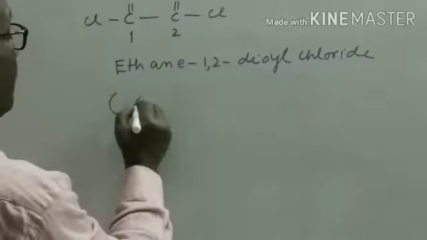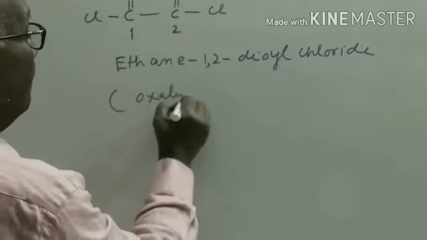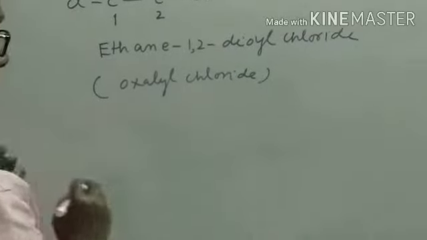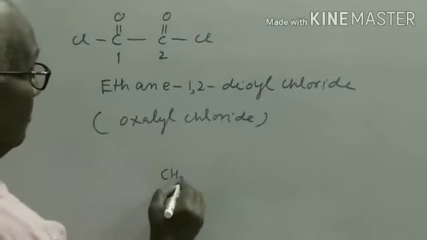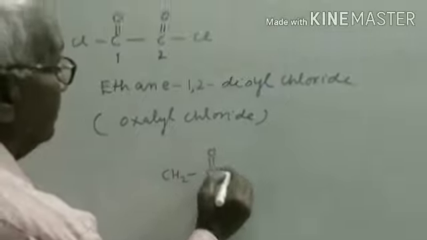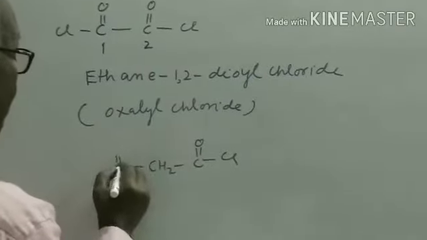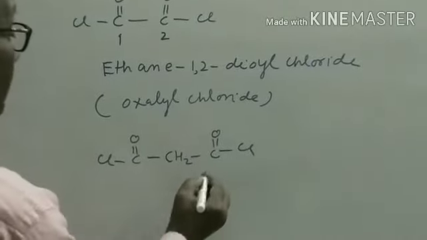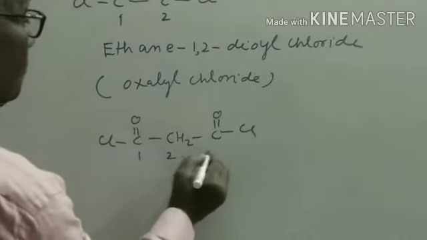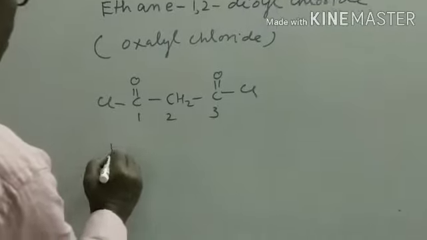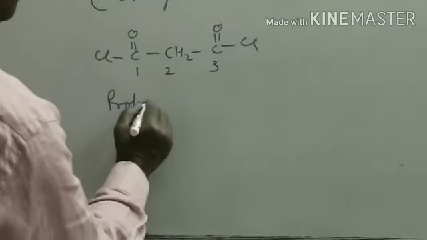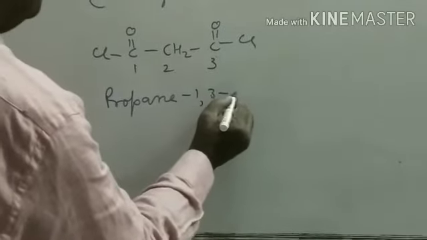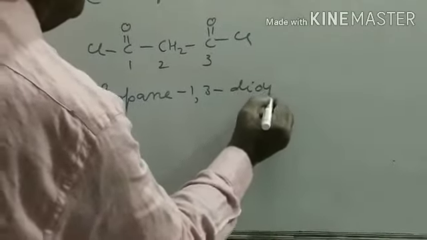Its common name is oxalyl chloride. Oxalyl chloride. Say one more example in this direction. This is 1, 2, 3. So its root word is prop. Primary suffix ane is not removed. 1,3-dioyl chloride.